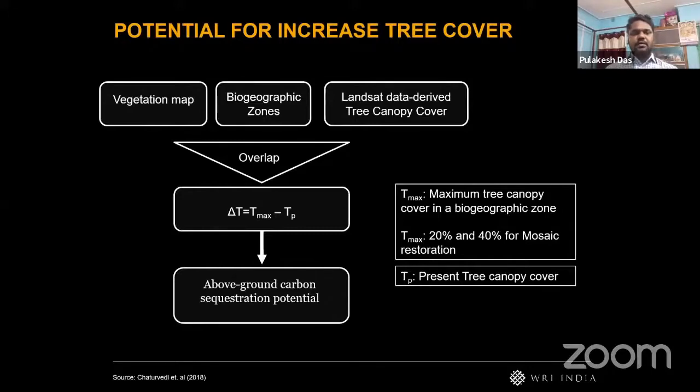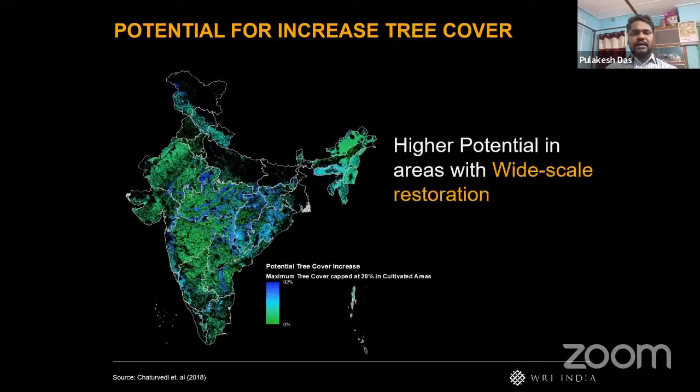We have taken the maximum tree canopy density in the biogeographic regions as a baseline, and from that we have estimated the potential for tree cover increase. So this is the potential area for tree cover increase in India. You can see a large area is showing high potential for tree cover increase in and around the cultivated lands and the degraded lands, basically.